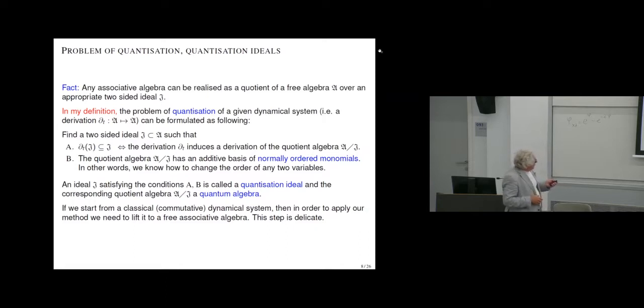If an ideal satisfies these two conditions, I call this ideal a quantization ideal, and that will give a quantum algebra. So basically what I mean by quantization is a reduction of a system given on a free associative algebra to an algebra, on the function algebra, with this special property where we can swap and equate.